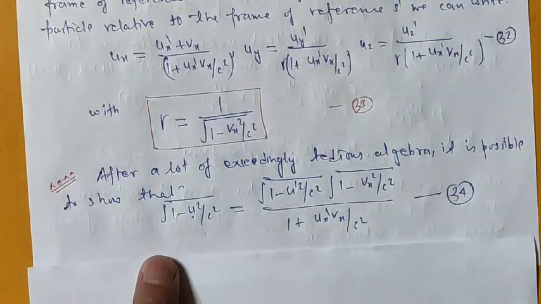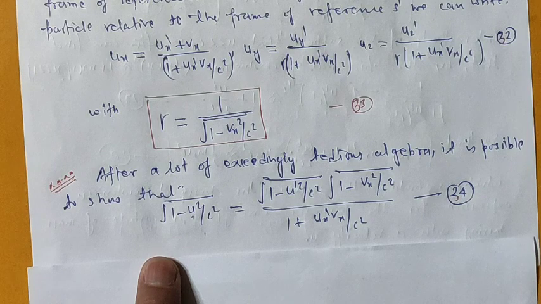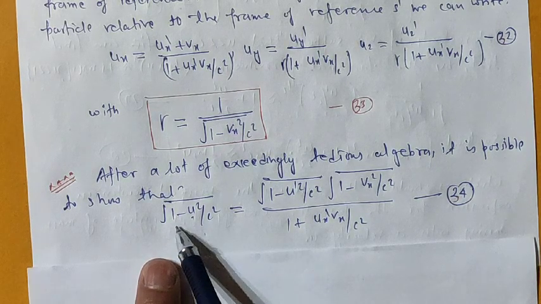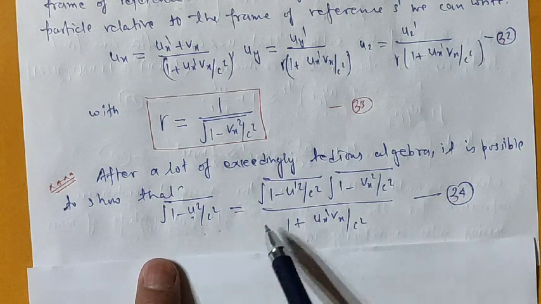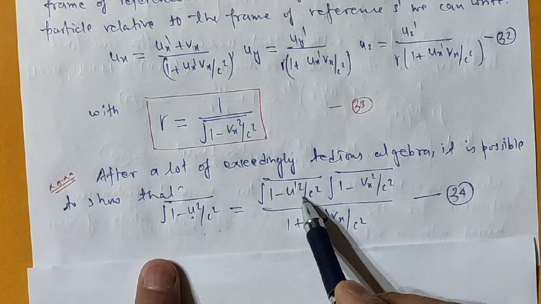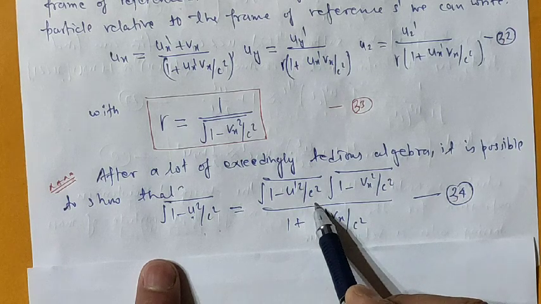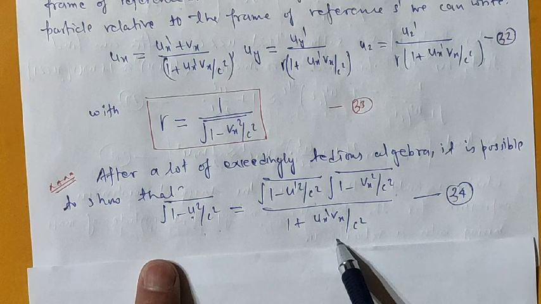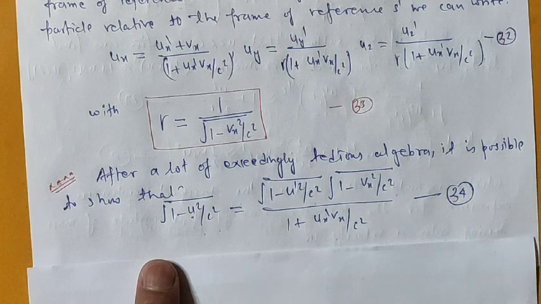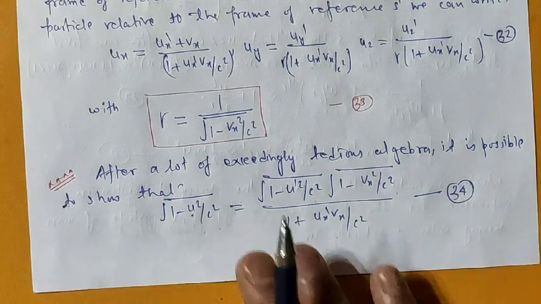After very tedious algebra, you end up with root of 1 minus u square divided by c square equal to root of 1 minus u prime square divided by c square, times root of 1 minus vx square divided by c square, divided by 1 plus ux prime vx divided by c square.